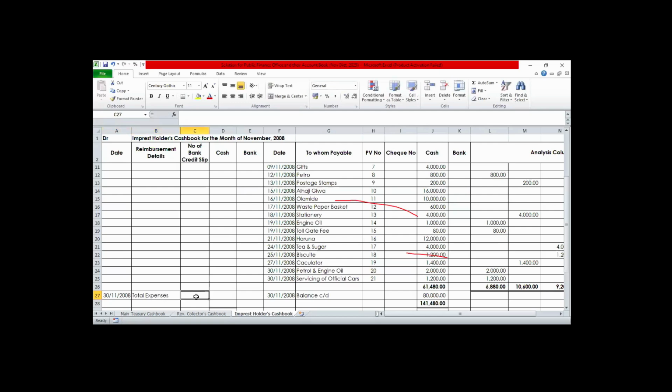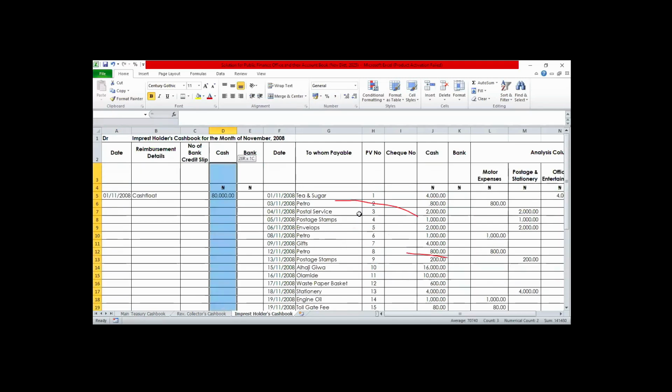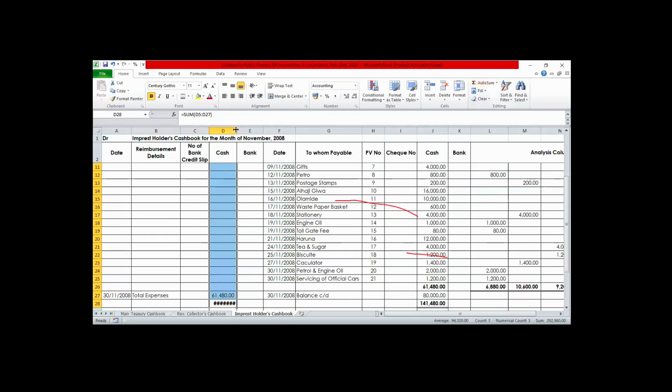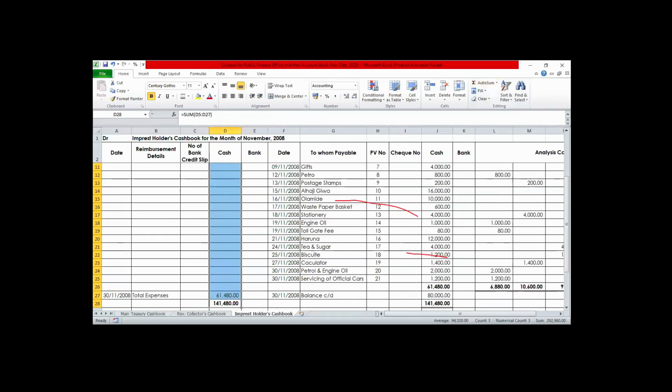Our total expenses is 61,480. We now enter it here, which is the same thing as this.